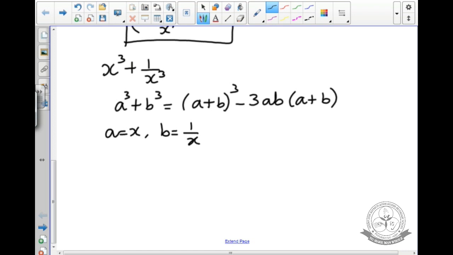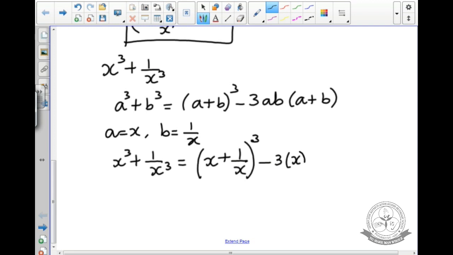So what do you get? x cube plus 1 by x cube is equal to x plus 1 by x whole cube minus 3 into x into 1 by x into x plus 1 by x.